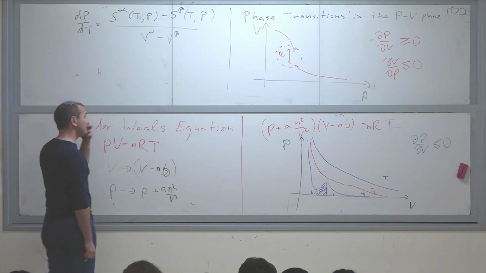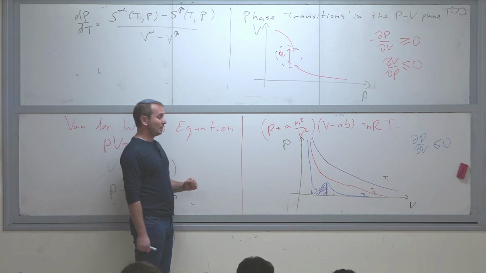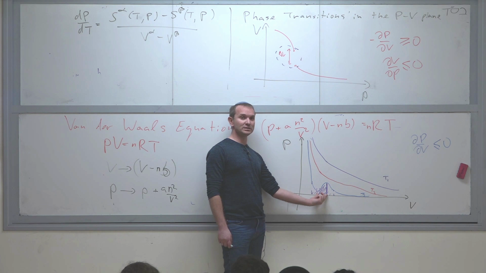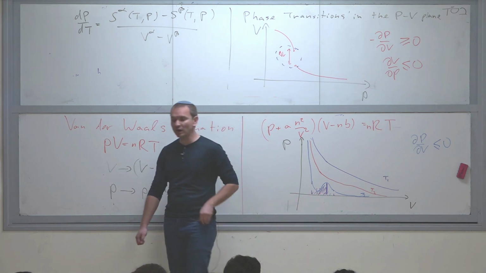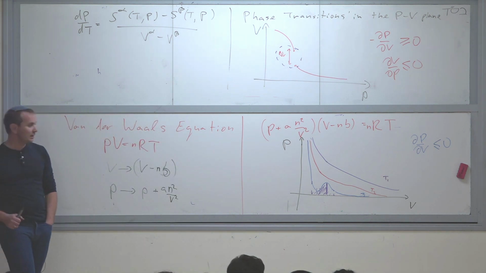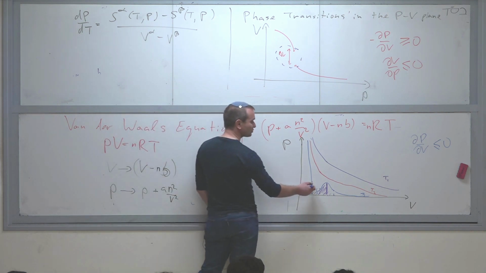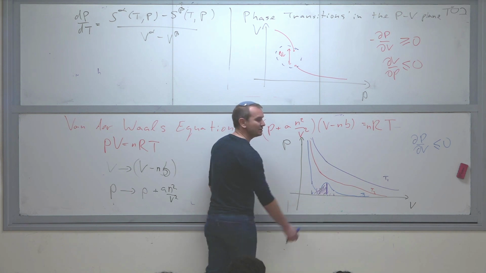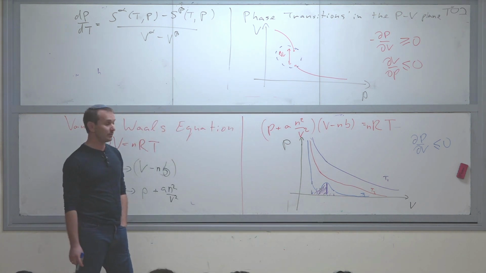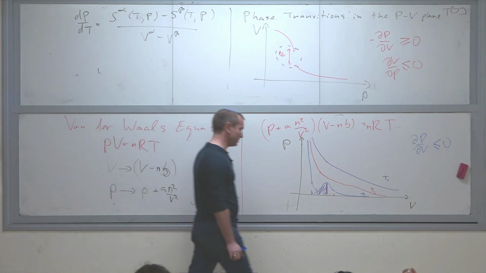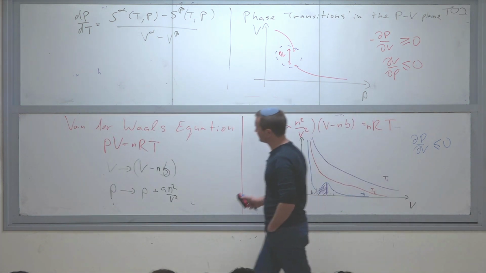So the van der Waals equation, by showing this non-stable behavior, is basically saying to us that there is a phase transition in the system. It's not real non-stability. It says that this region with the positive derivative of the pressure is a region where a phase transition occurs.